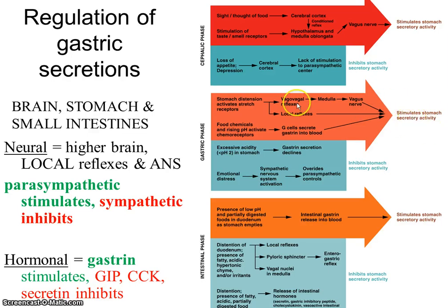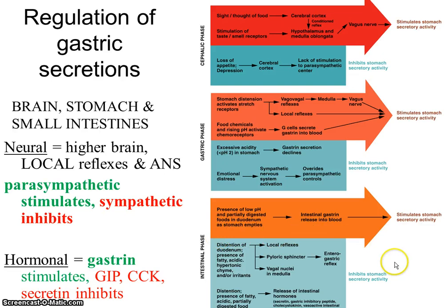All right. In the intestinal phase, we're actually going to have the small intestine in control, and it's going to work to try to make sure that the food entering the small intestine is appropriately digested and the pH is appropriate for the work of the small intestines.